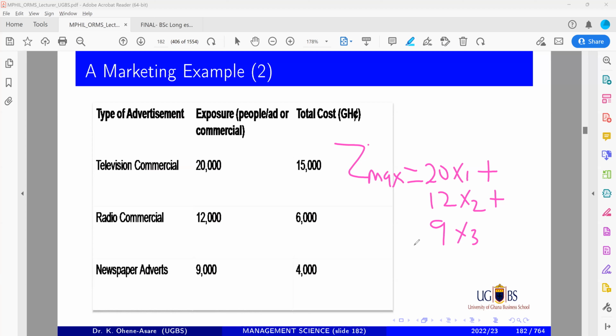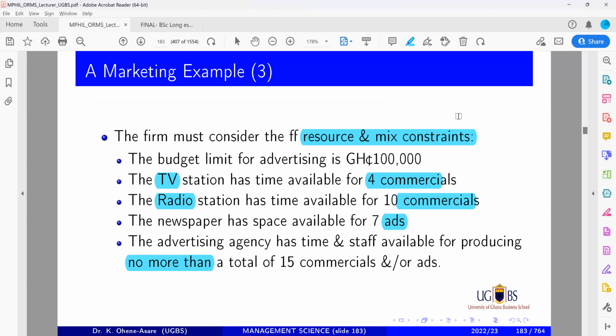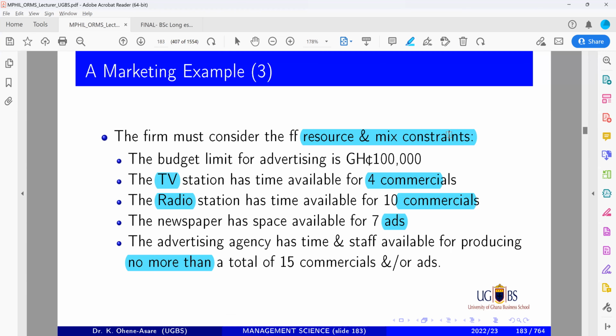Then we go to subject to some constraints. So let's start with the constraints here. According to the storyline, the first constraint is the budget limit. How would you write the budget constraint? It says the budget limit for advertisement is 100,000.